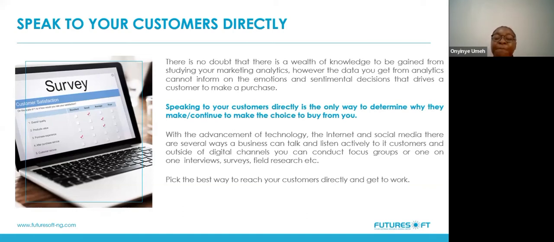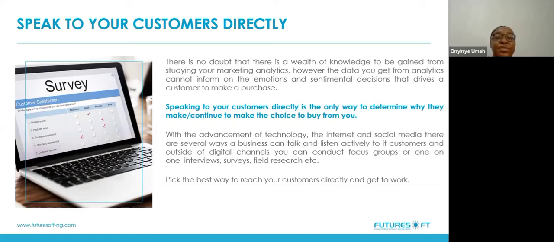This is true, but not really. Because like I said before, there's a psychological part of your customers that your analytics cannot tell you. You can only understand that part of your customer by speaking to them directly. That's the only way you'll be able to understand the emotional push that makes them patronize your business.